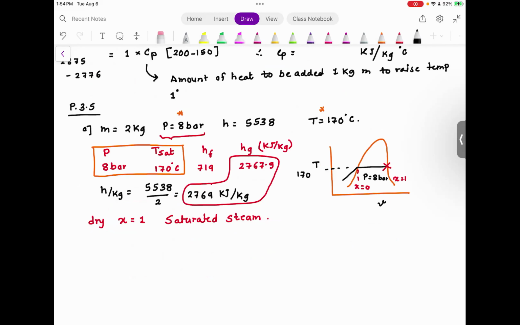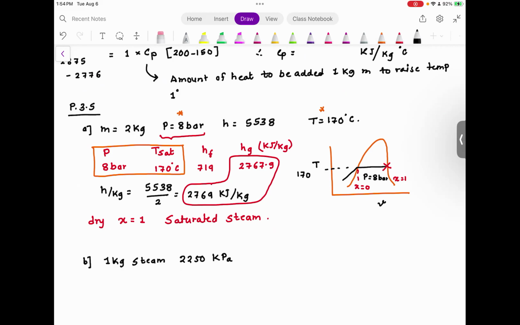Now the next problem. Next part is 1 kilogram of steam at 2250 kilopascals.